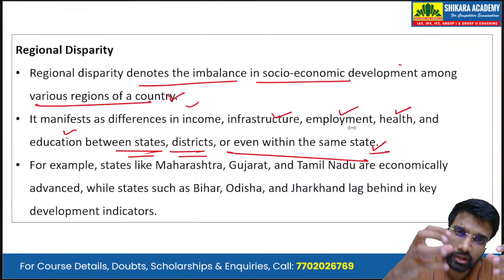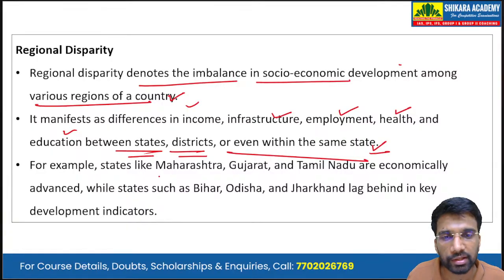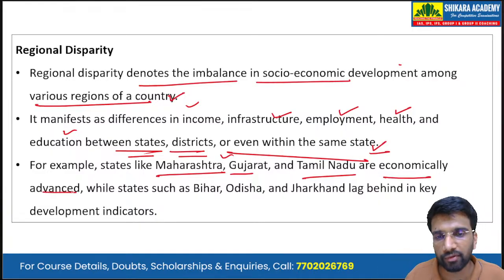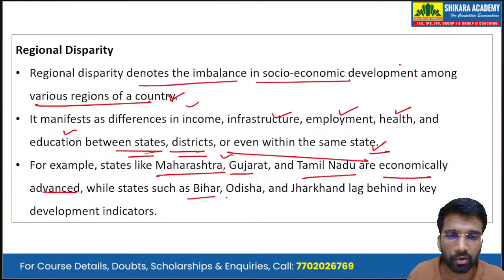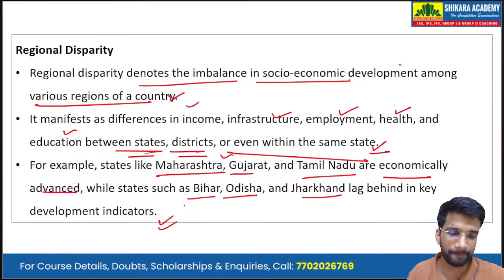Even two districts within the same state might be at a different economic level. If you take examples, states like Maharashtra, Gujarat, Tamil Nadu, these western and southern states, are economically advanced while the eastern as well as the northern states such as Bihar, Odisha, Jharkhand lag behind in key development indicators.